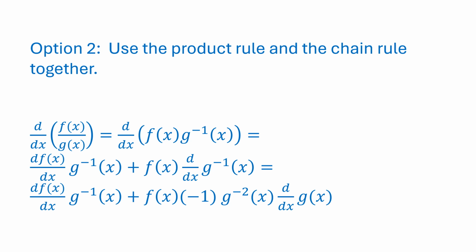So we can use the product rule. So we got the derivative of the first function, f, times the second function raised to the negative 1 power, plus f times the derivative of the denominator function raised to the negative 1 power.